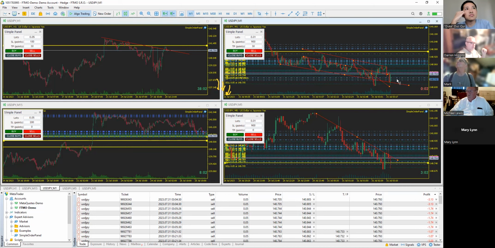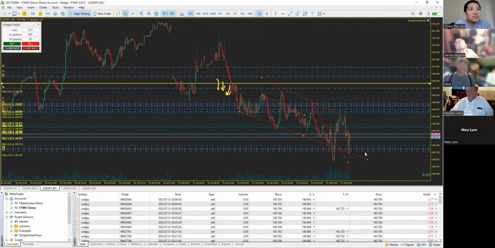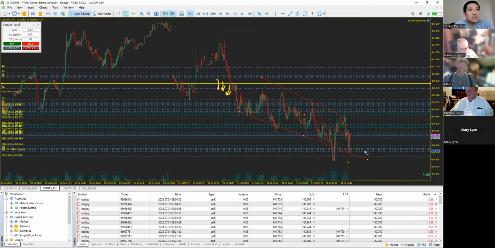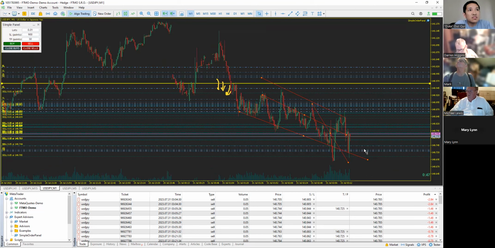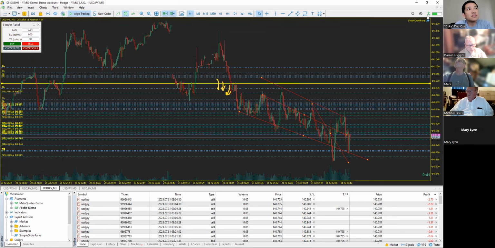Pull some of these targets down for more profits for the body. Right there, you see, action point right at the body. I'll stop myself. There we go.